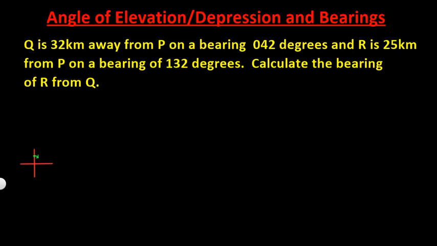So we can pick the bearing 42 degrees and it is on 32 kilometers. So this one is 42 degrees, 32 kilometers. That's for point Q.